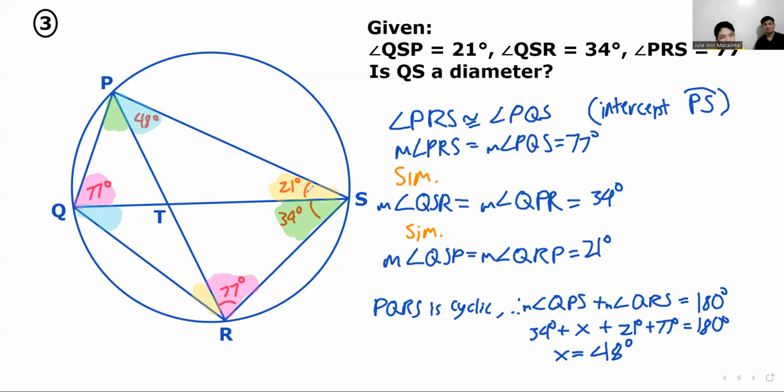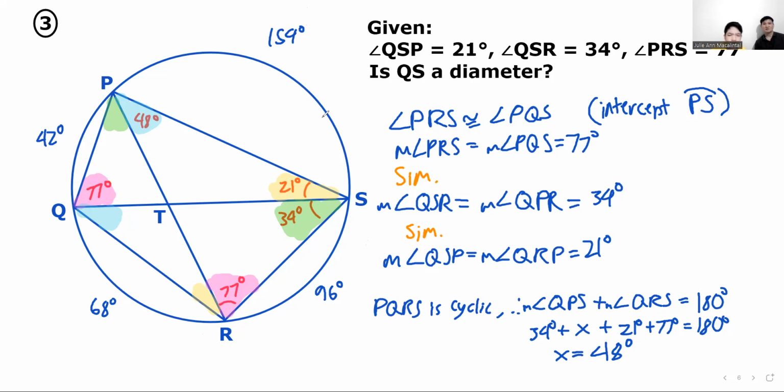Arc QP is 2 times 21, 42 degrees. Arc QR is 34 times 2, that is 68 degrees. Arc RS is 48 times 2, so 96. And arc PS is 77 times 2, so that's 154.